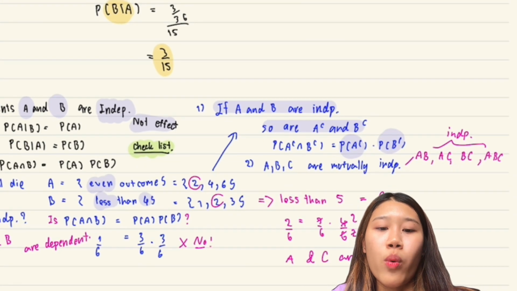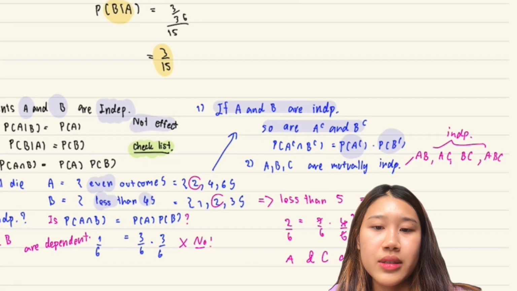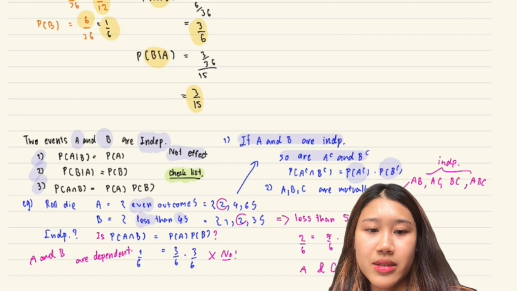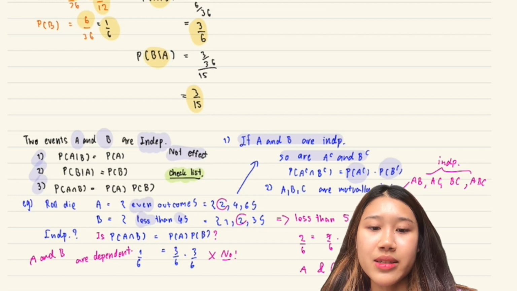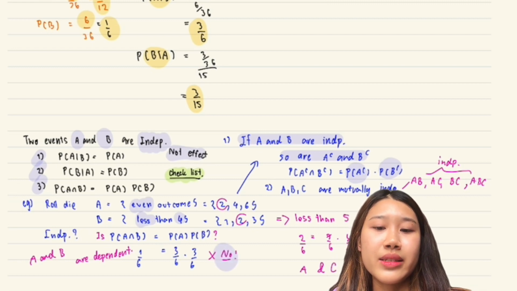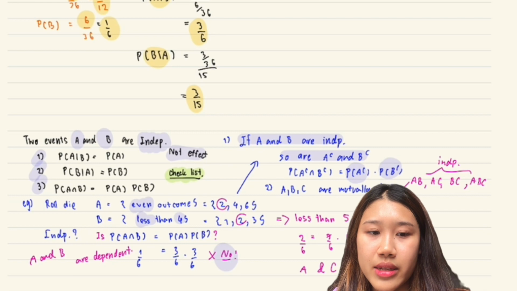So it's 1 over 6. The probability of A is 3 over 6, and the probability of B is also 3 over 6. So 3 over 6 times 3 over 6 is not equal to 1 over 6. So it is not an independent event.